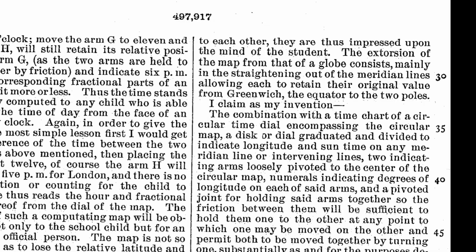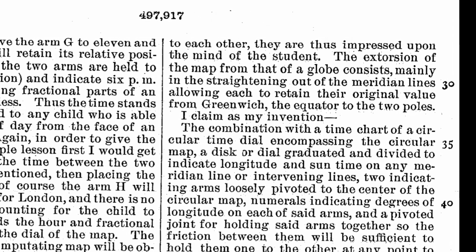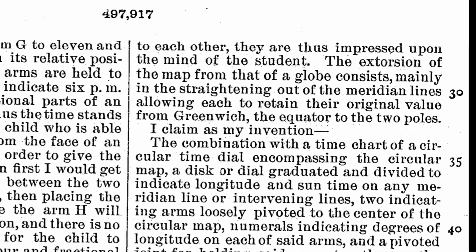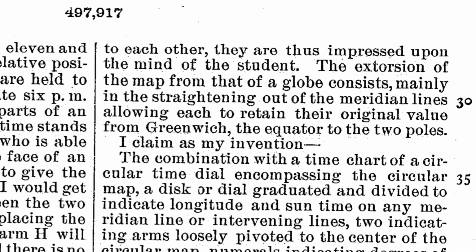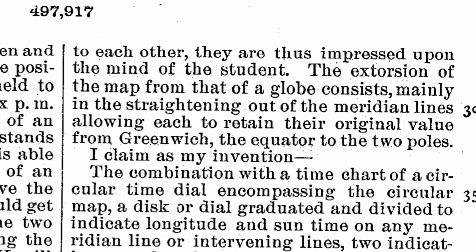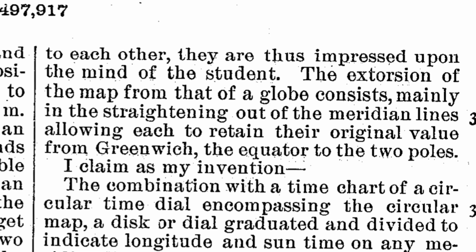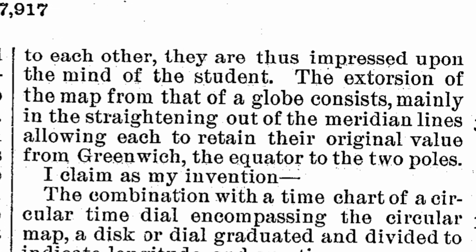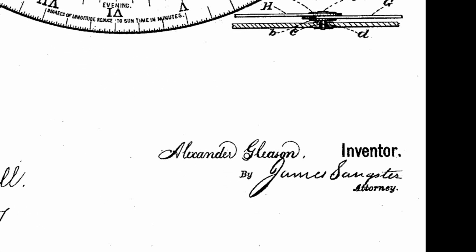Quote, the extraction of the map from that of a globe consists mainly in the straightening out of the meridian lines, allowing each to retain their original value from Greenwich, the equator to the two poles. End quote. Signed by Alexander Gleason. Benjo, Alexander Gleason was not a flat earther, he did not create a map, but a time chart, and it is a globe projection anyway. I think it's time for you to abandon this whole idea, by your own standards.